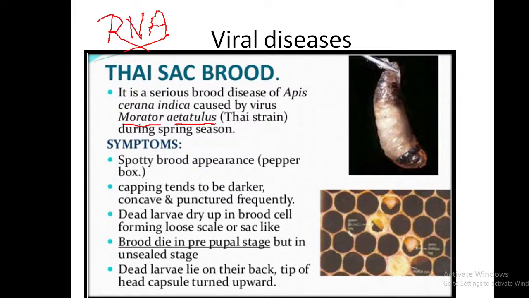The symptoms are a spotty brood appearance. Here you can see a spotty brood or pepper box like appearance. The capping tends to be darker, concave and frequently punctured. In a honeybee colony the larvae are usually sealed.